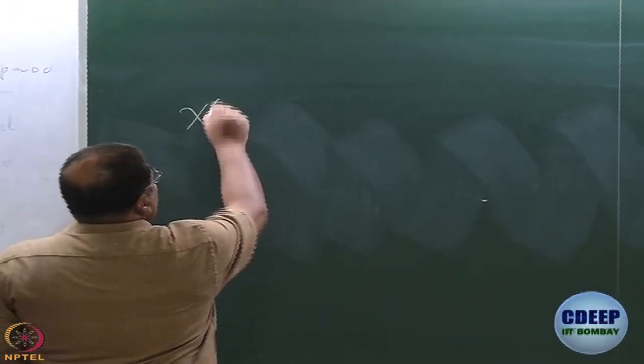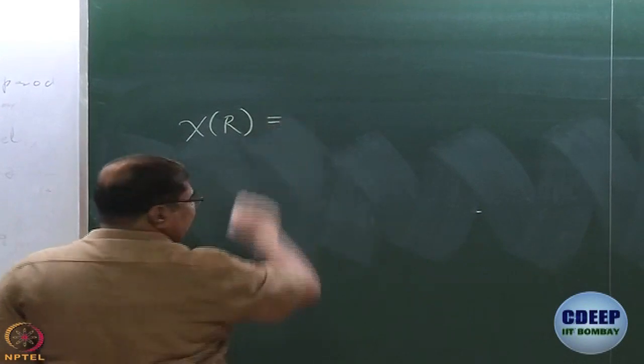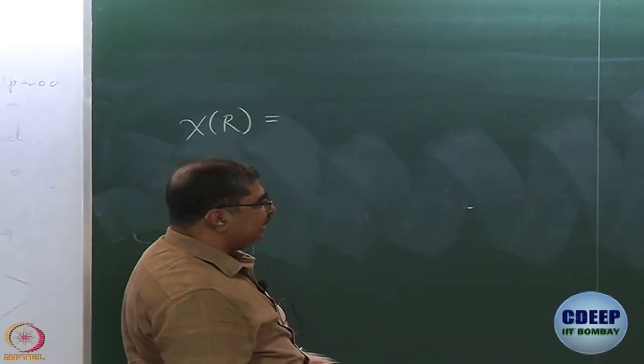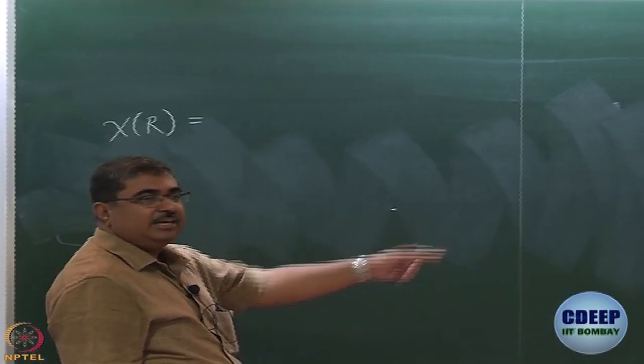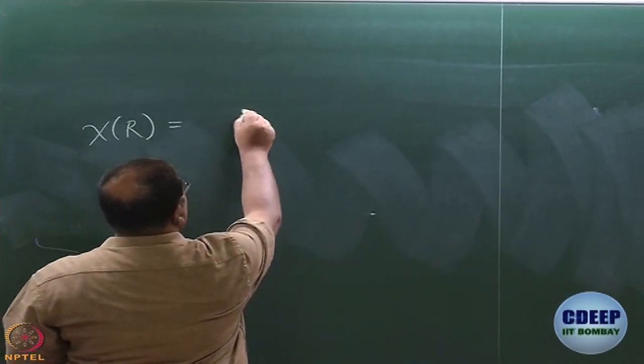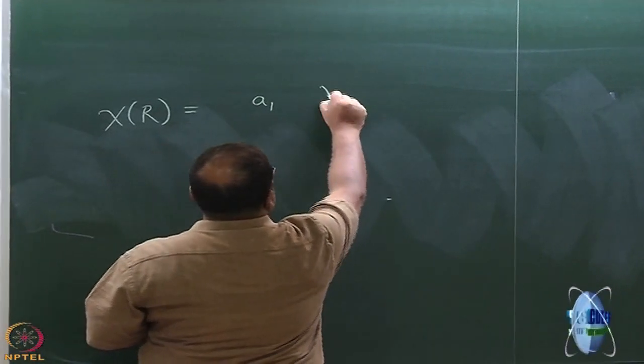Now see, chi(R), and to make things perhaps a little easier to understand, I will expand the linear combination on the right hand side. I will write like this: A1 chi_1(R).